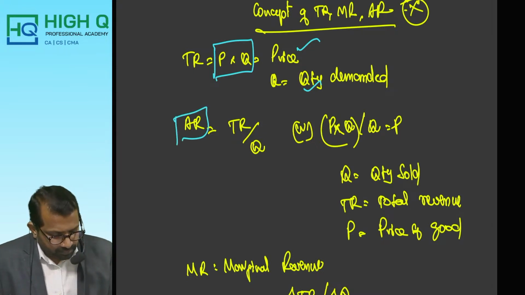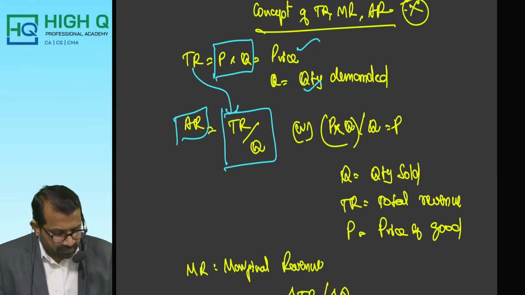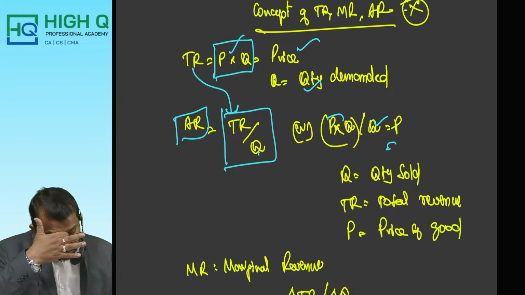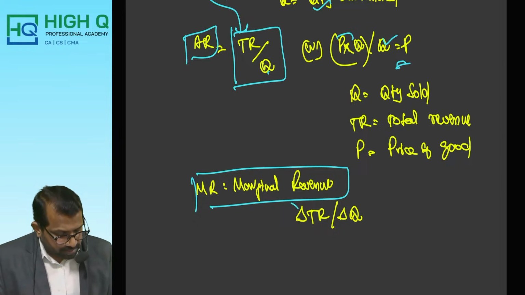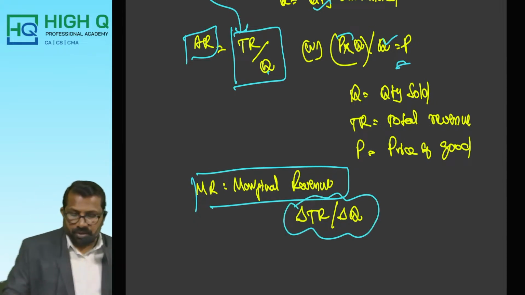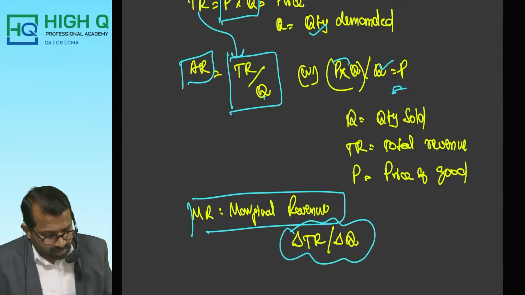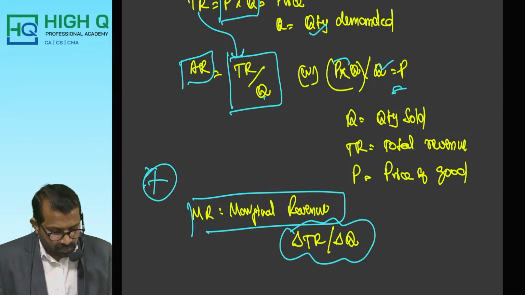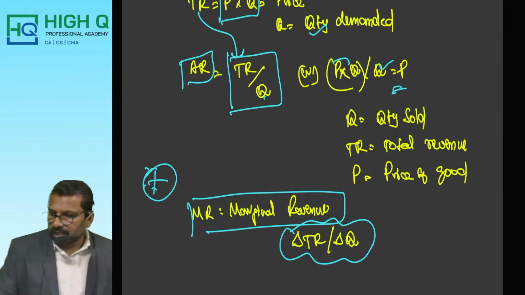Average revenue formula is TR divided by Q, or you can use price into quantity divided by the same quantity, which equals price. Marginal revenue formula is change in total revenue divided by change in quantity. In these three, total revenue, average revenue, marginal revenue, you can expect at least one problem question for your examination.